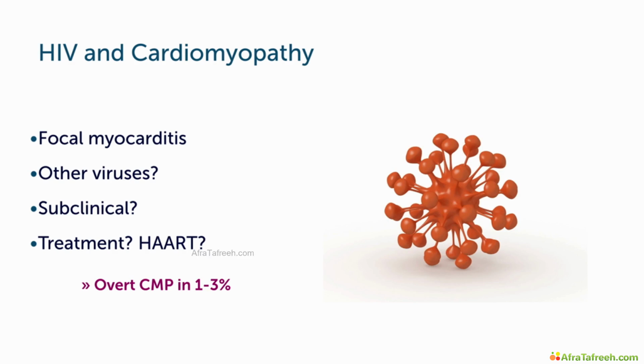And the treatment, of course, is very important, as already mentioned. If you have intense heart treatment, then the patients do not develop this form of cardiomyopathy. Overt cardiomyopathy, as a matter of fact, is relatively rarely seen, at least in our patient population. Only about 1 to 3% have really severe heart failure.